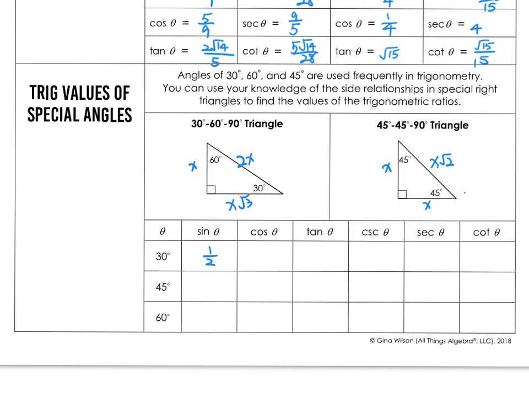You simply start calculating. Sine of 30 degrees is opposite over hypotenuse. Cosine is adjacent over hypotenuse. That should give you root 3 over 2. Tangent is opposite over adjacent. And same thing with 45 degrees.